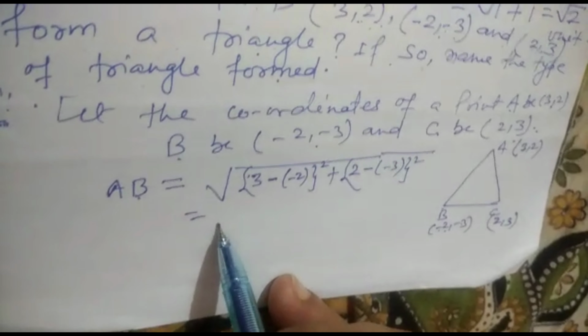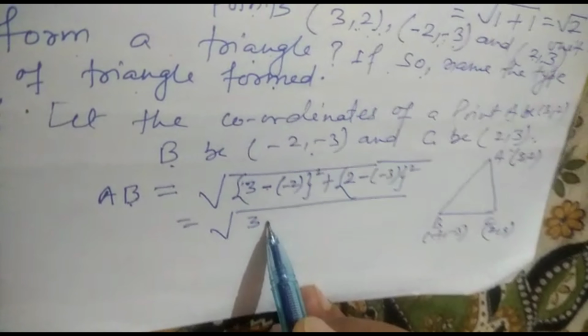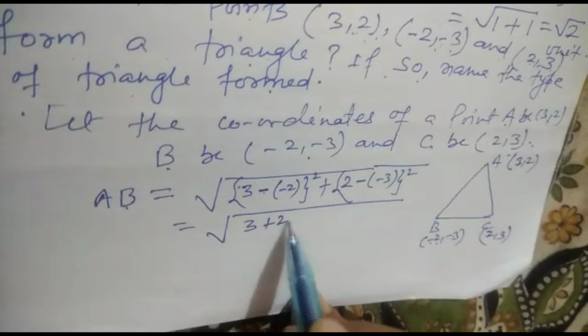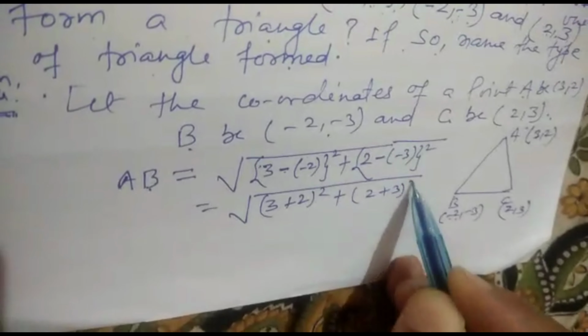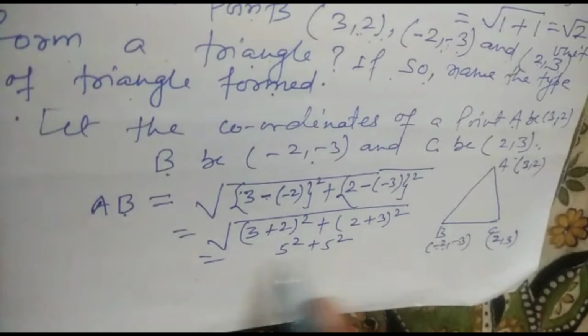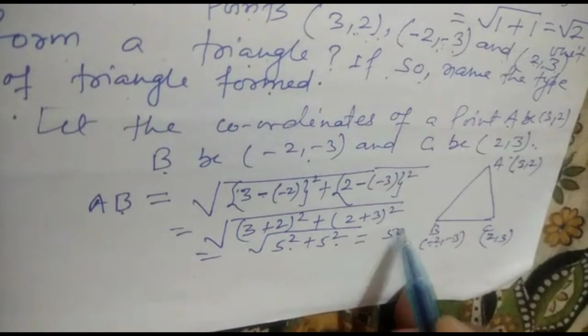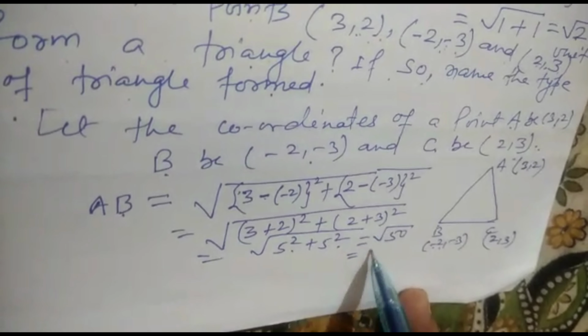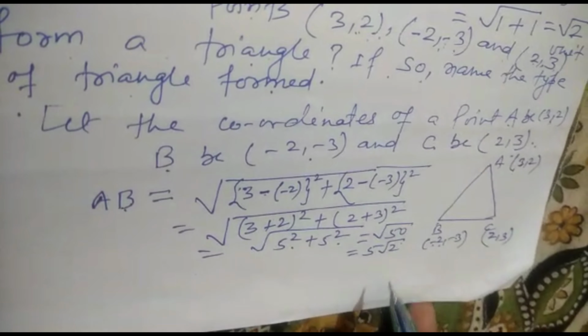That is (3 plus 2) whole square plus (2 plus 3) whole square. This is 5 square and this is also 5 square. 25 plus 25 is 50, root 50, and root 50 equals 5 root 2 by prime factorization.